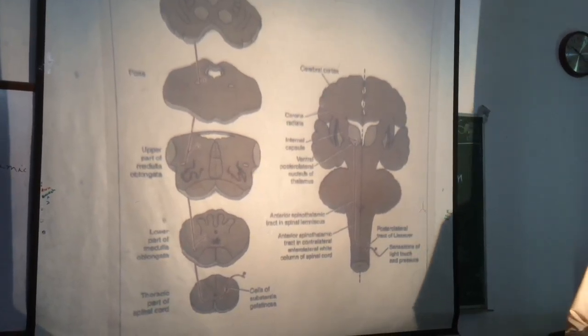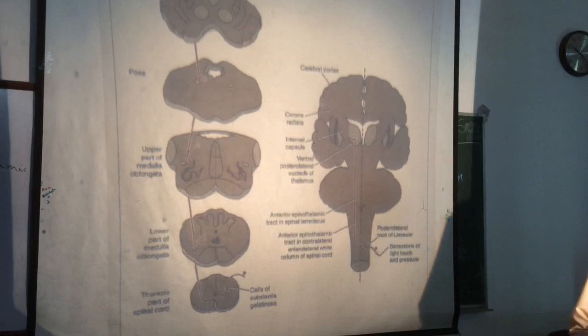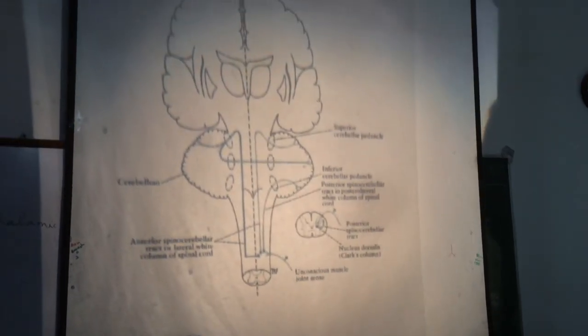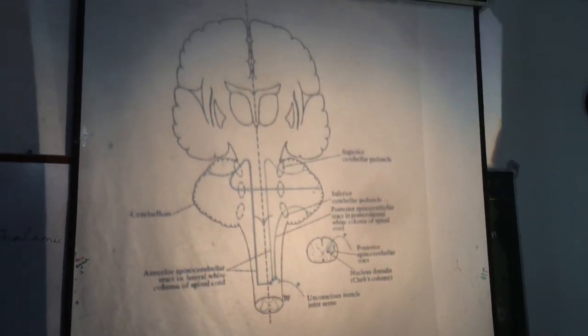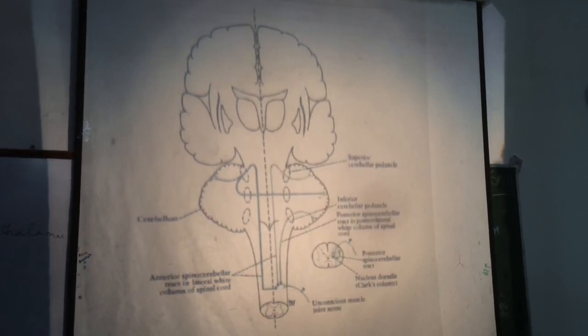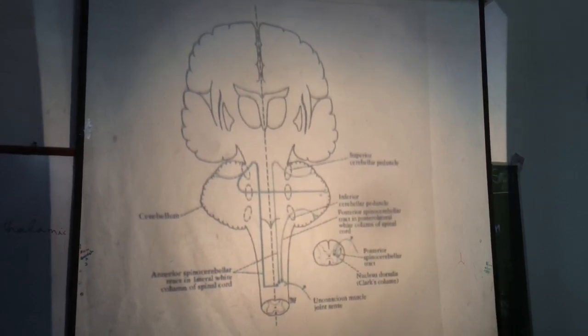Next group of sensory tracts is the spinocerebellar tract. As the name indicates, the tract fibers arise from the spinal cord, and these go to the cerebellum.